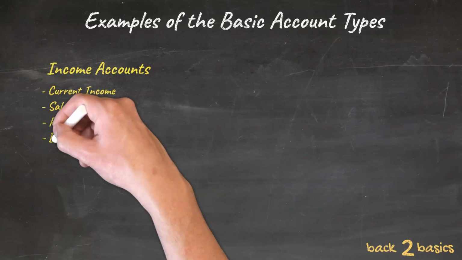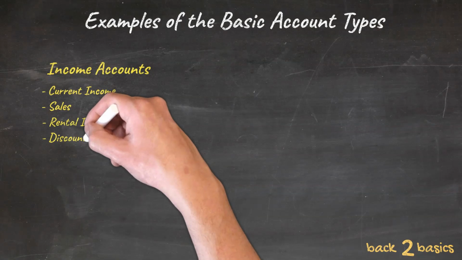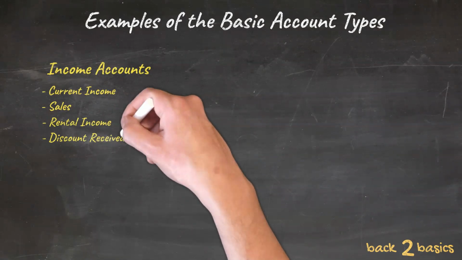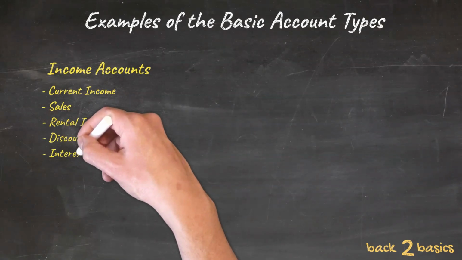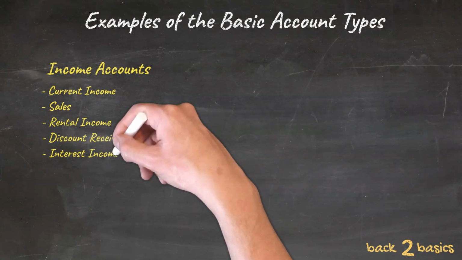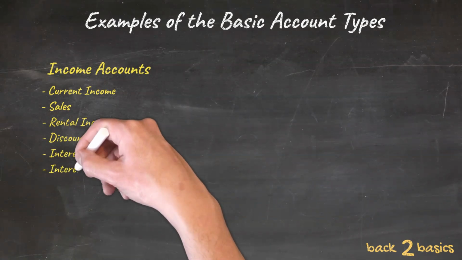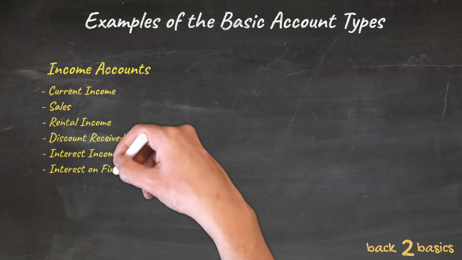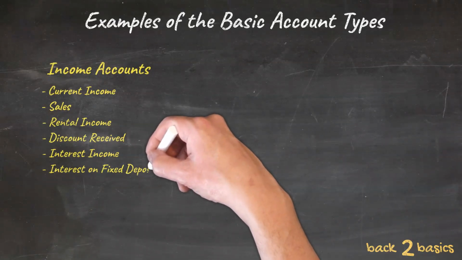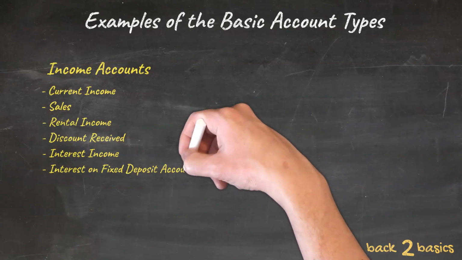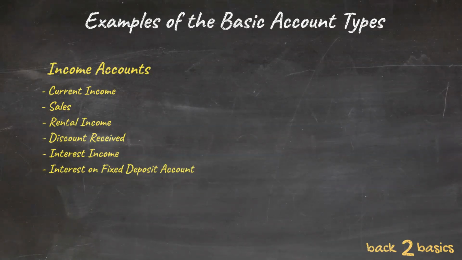Discount received, where the business received discount from your supplier on the goods purchased. Interest income, which is interest earned other than interest on fixed deposits. And interest on fixed deposit account, which is, well, basically exactly what the name implies.